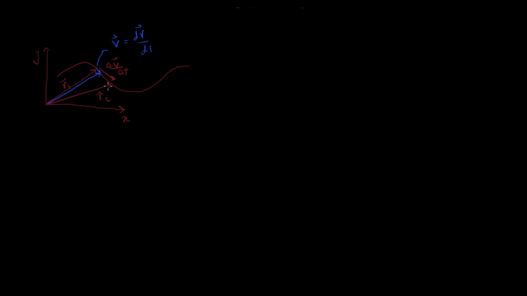Now let's say this vector r, this path, is given by 2t to the power 3 i hat plus 5t j hat minus 3 k hat.